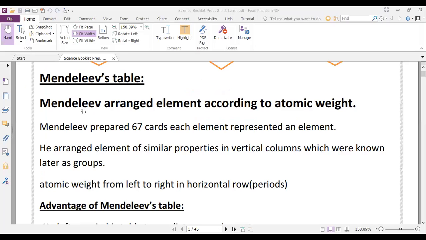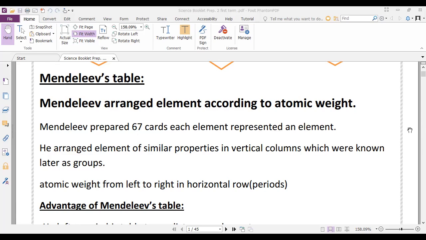So try to read Mendeleev's table. Mendeleev arranged elements according to atomic weight. Mendeleev prepared 67 cards, each representing an element.